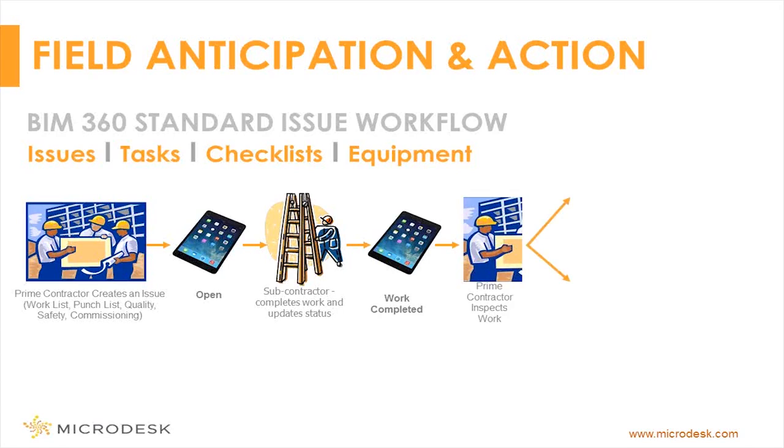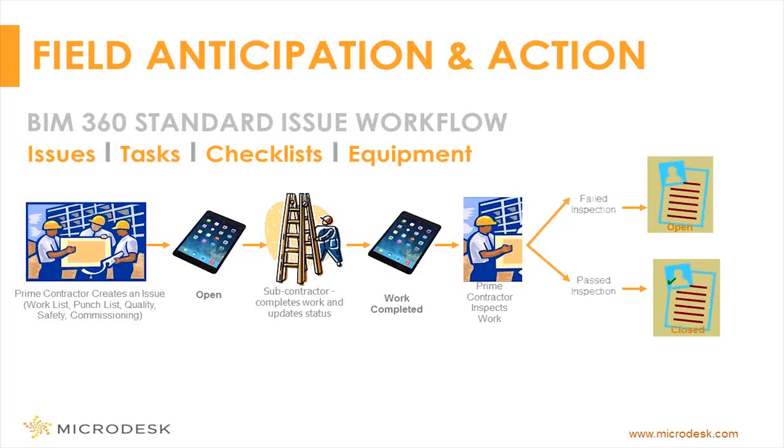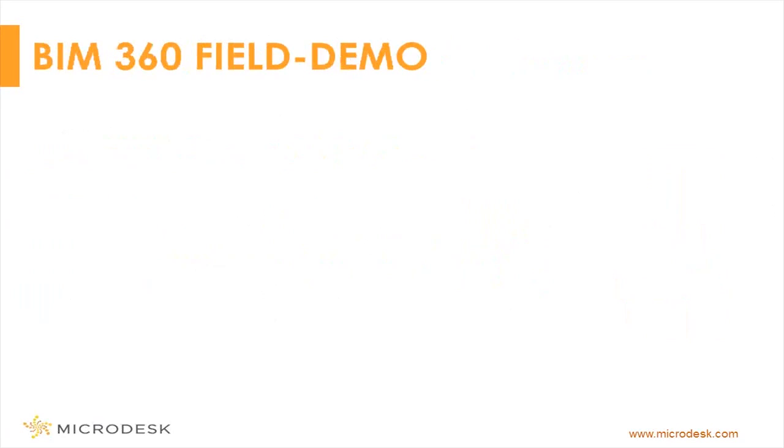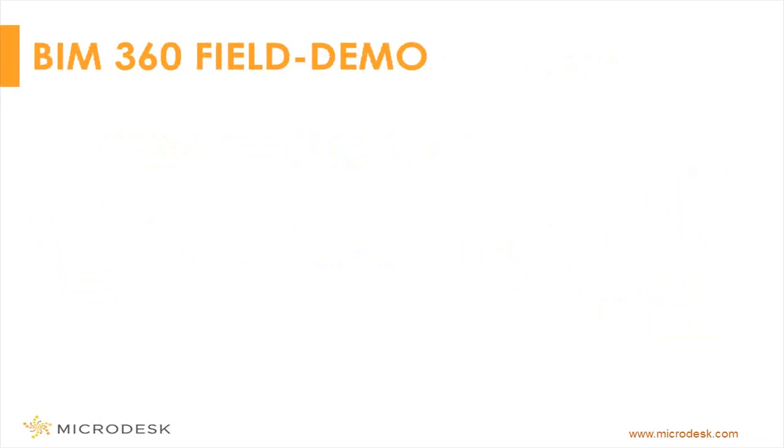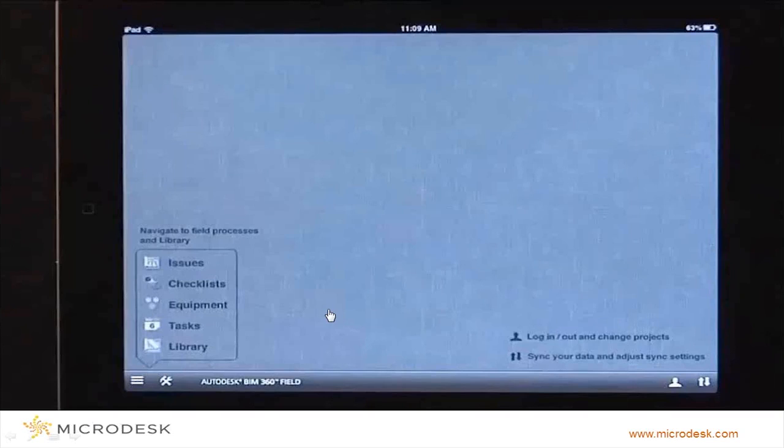They can go and inspect the work, and either it passes or it fails. If it fails, it does not pass go and collect $200, and then they start the process all over again. Meanwhile, all of these actions are stored in the cloud and kept track of digitally. So we'll go through a little bit of a field demo on the iPad now.